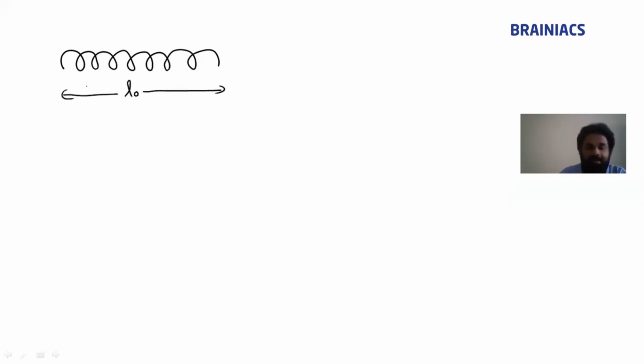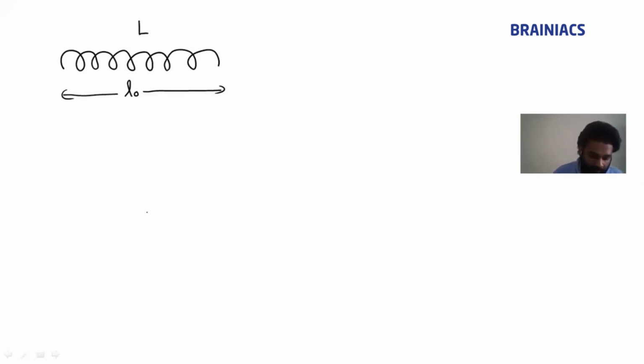Okay, so let us do here. Suppose if we consider a solenoid, L0 is actually this length. That is the length of the solenoid, not the length of the wire. The inductance of the solenoid can be considered as L.